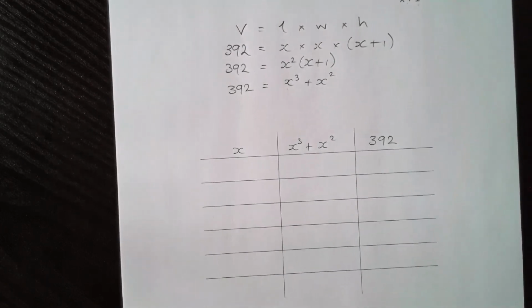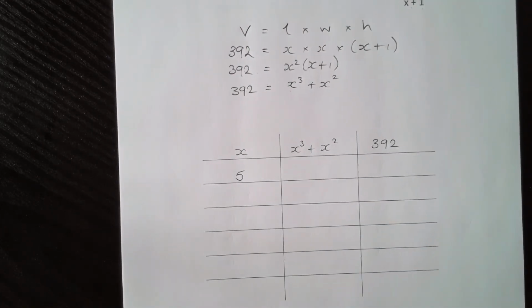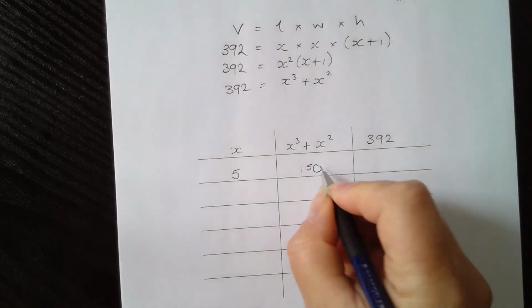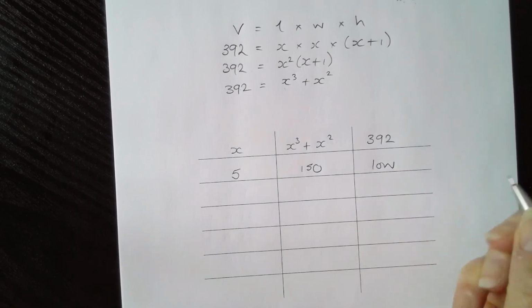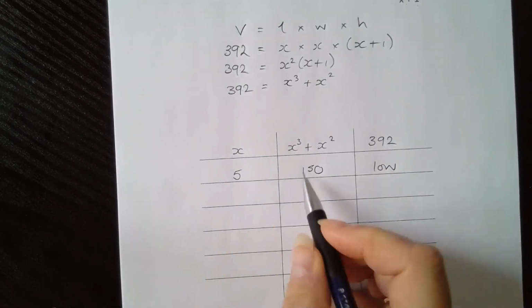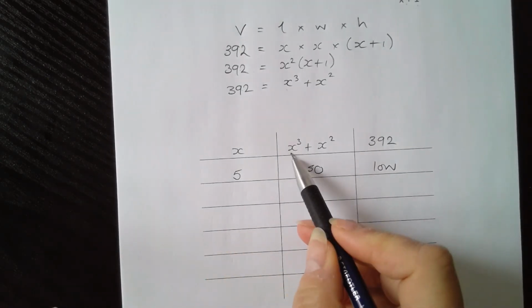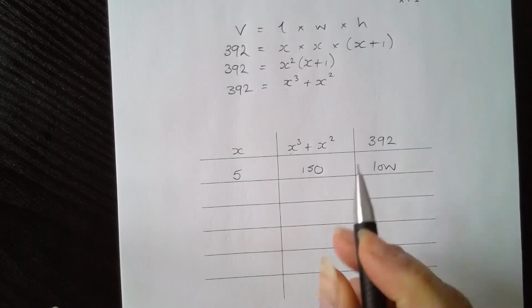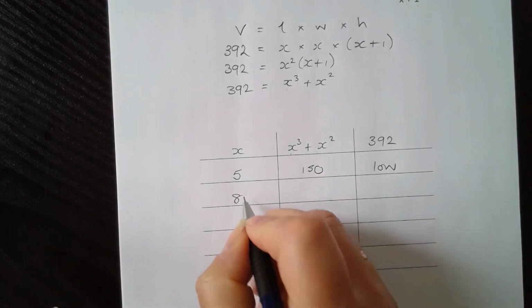So let's choose a value. I'm going to choose 5. 5 cubed plus 5 squared is 150, which is too low. I'm not going to bother going all the way up to 10 because 10 cubed is 1,000, which is way too big. So let's go for 8.